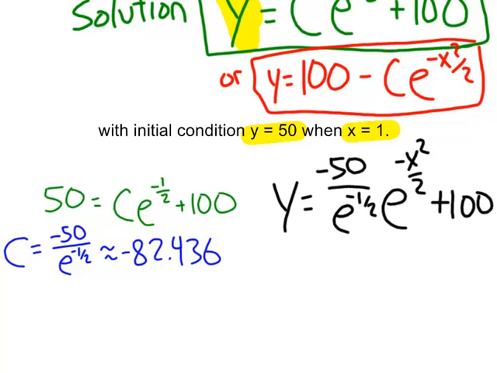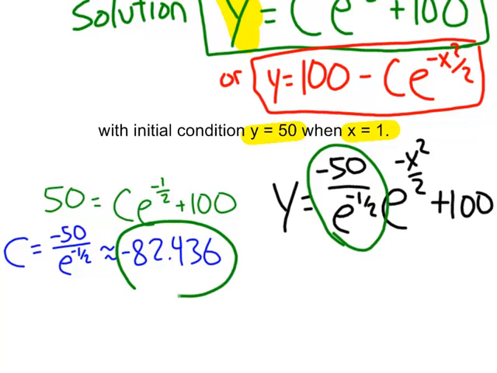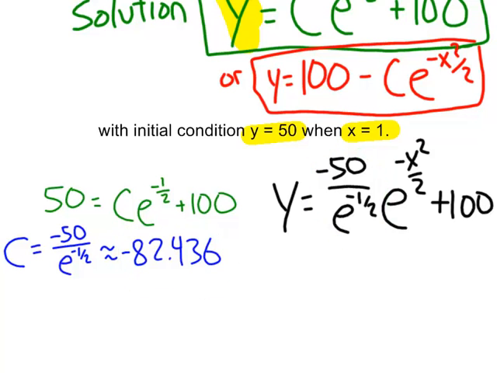Some variations that you're likely to see. First of all, in some contexts, we might just go ahead and plug in the decimal approximation there as a coefficient. That depends on the situation. Now, what we're more likely to see is, we're unlikely to see a negative exponent in a denominator. Let's remind ourselves that that's really the same as -50 divided by e to the -1/2. That's the same as times e to the +1/2.